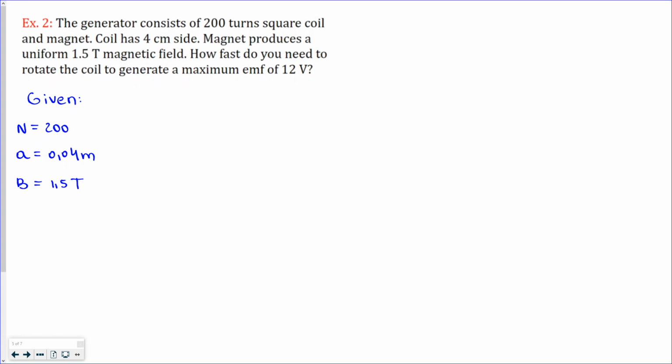And we also know the peak EMF, the maximum EMF, it is 12 volts. And how fast do you need to rotate? So we need to find the frequency.